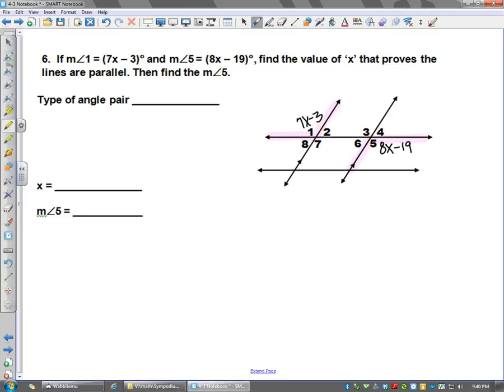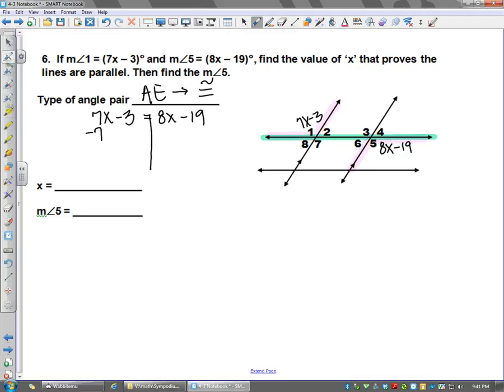The next thing I recognize is they're on opposite sides of the transversal. So these have to be alternate exterior angles, which we know are congruent. You've heard me say this 1,000 times before in geometry: two things are congruent, I'm going to set them equal to each other. So 7x minus 3 equals 8x minus 19.